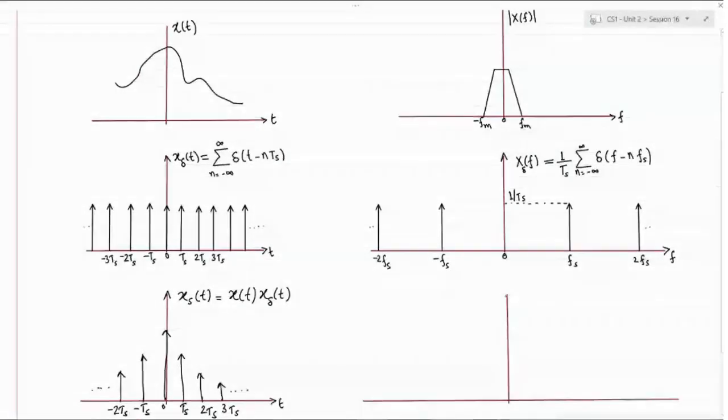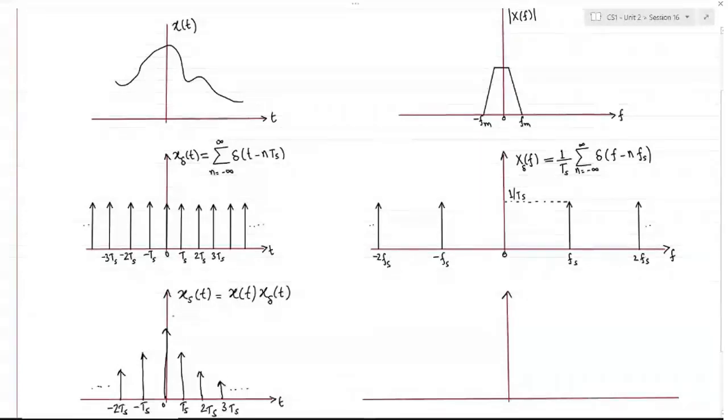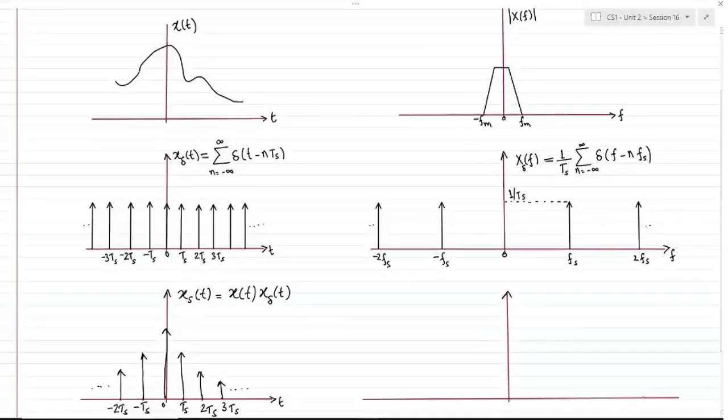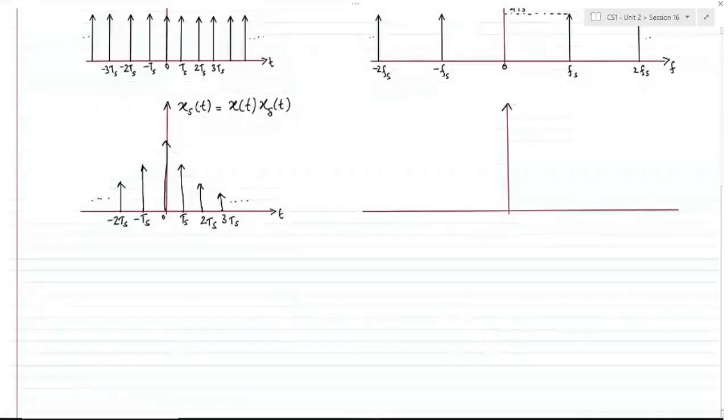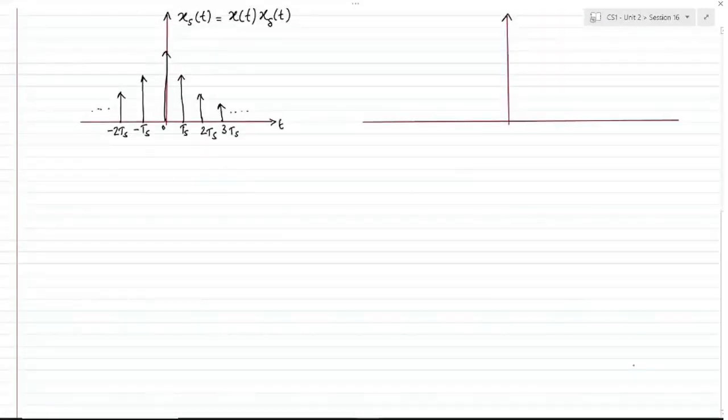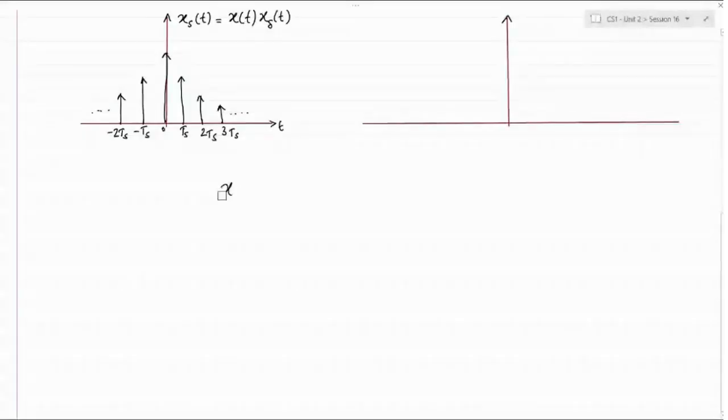Okay, we will come to this, how the Fourier transformation of xs of t will look, or the frequency domain representation of the sampled version will look like, can be understood by writing a few mathematical equations. All we have with us is x delta of t.